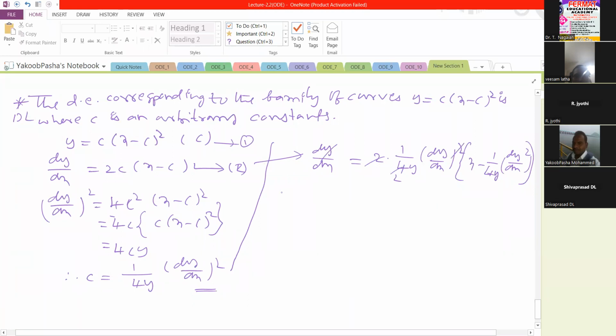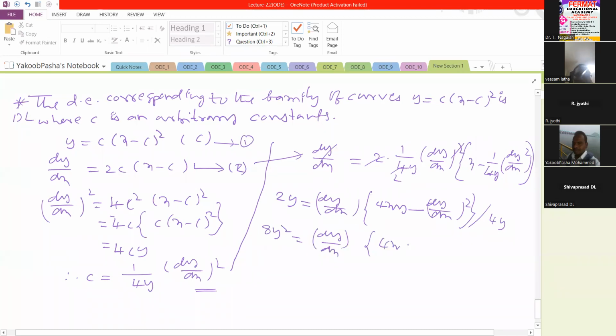So the left side is 2y, that is equal to dy by dx, one dy by dx is there, and here LCM 4y. So here we get 4xy minus dy by dx whole square, here LCM 4y. Now by cross multiplication, we will get 8y square is equal to dy by dx into 4xy minus dy by dx whole square.